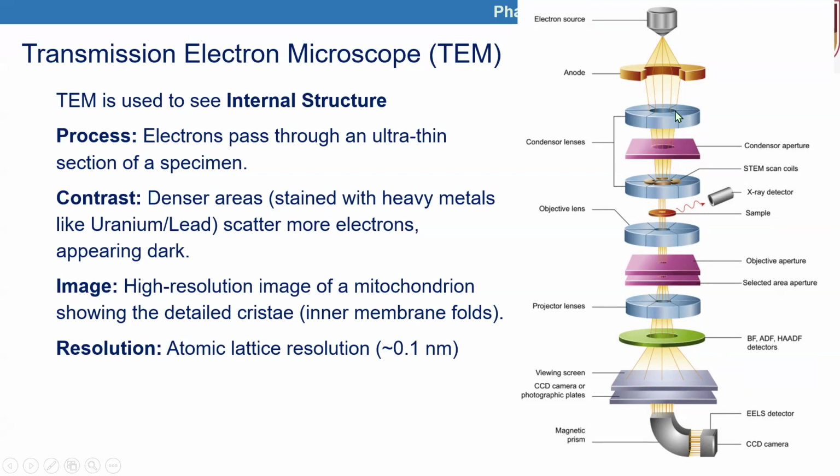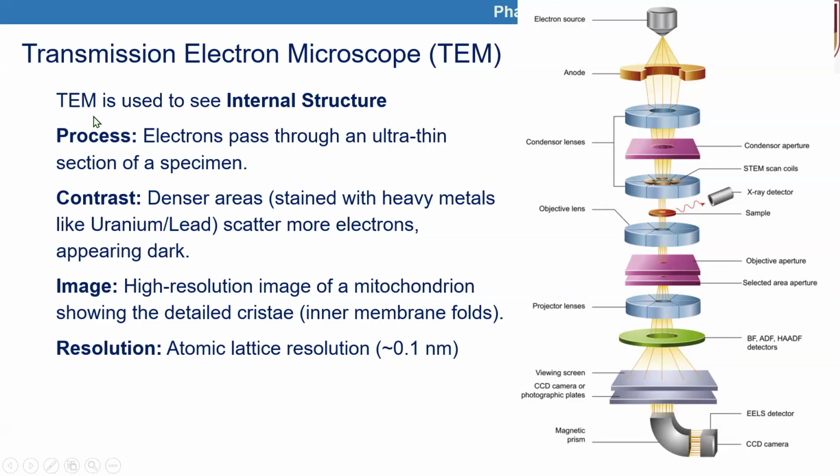Electrons are directed from one place to another, and at the end, the changes in the electrons, let's say absorption and reflection, are turned into the color figure that we can see.